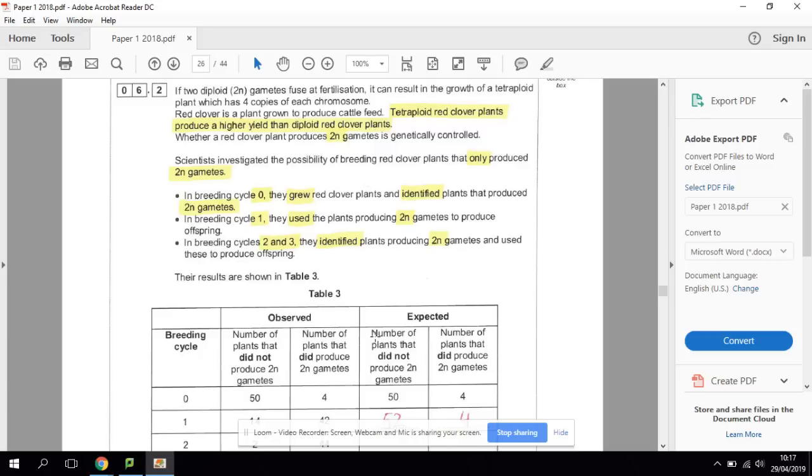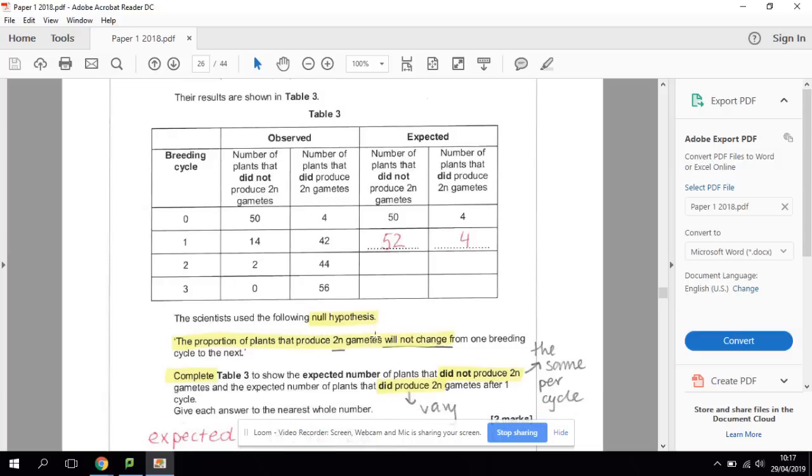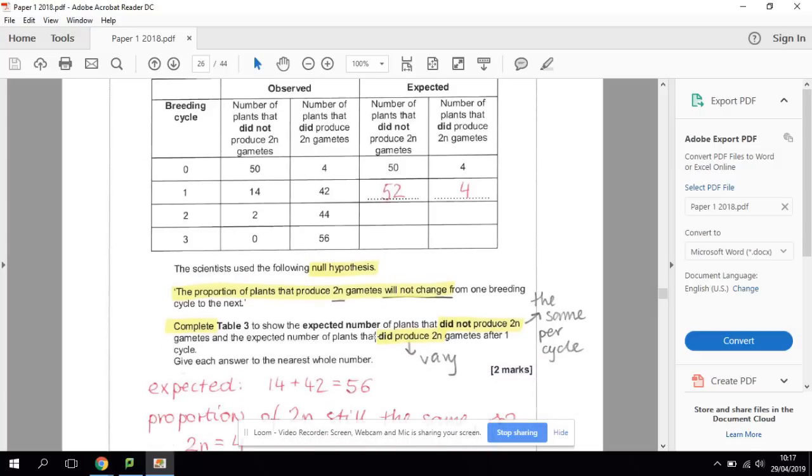Using this information, the scientists used the following null hypothesis: the proportion of plants that produce diploid gametes will not change. So if you've got 4 here, that means in the next generation you're going to get 4 as well. They stay the same, they don't change.